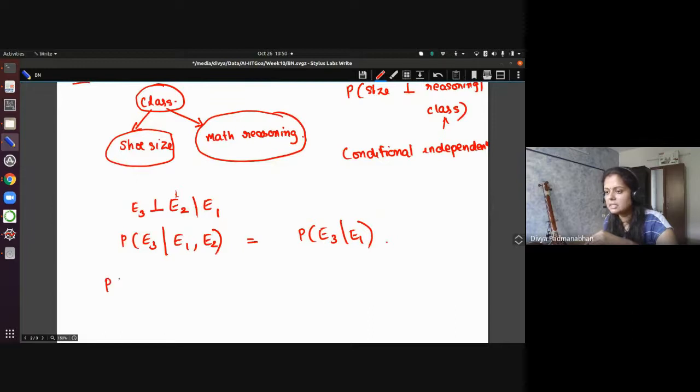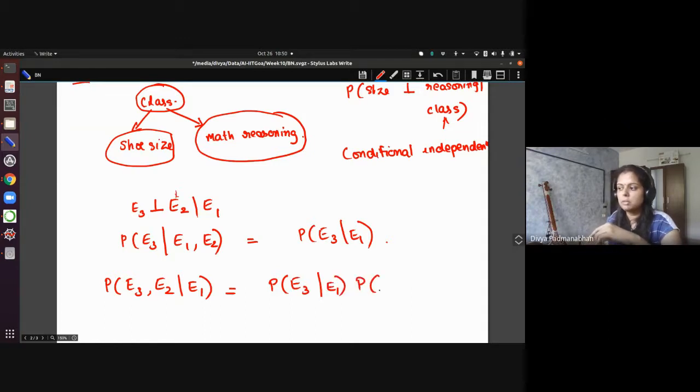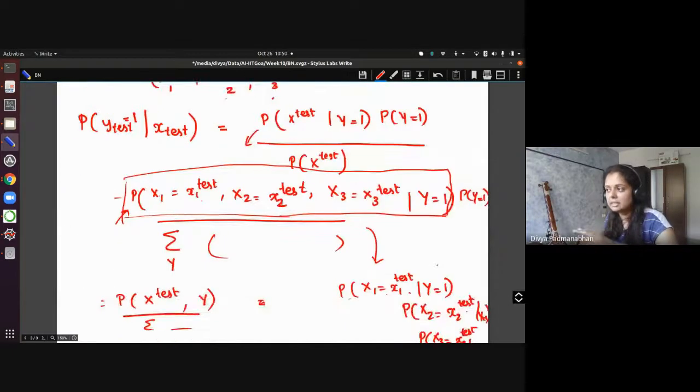What this means is probability of E3, E2 given E1 can also be written as probability of E3 given E1 times probability of E2 given E1. These are two different ways to write conditional independence. They boil down to the same thing essentially. That's what naive Bayes uses.